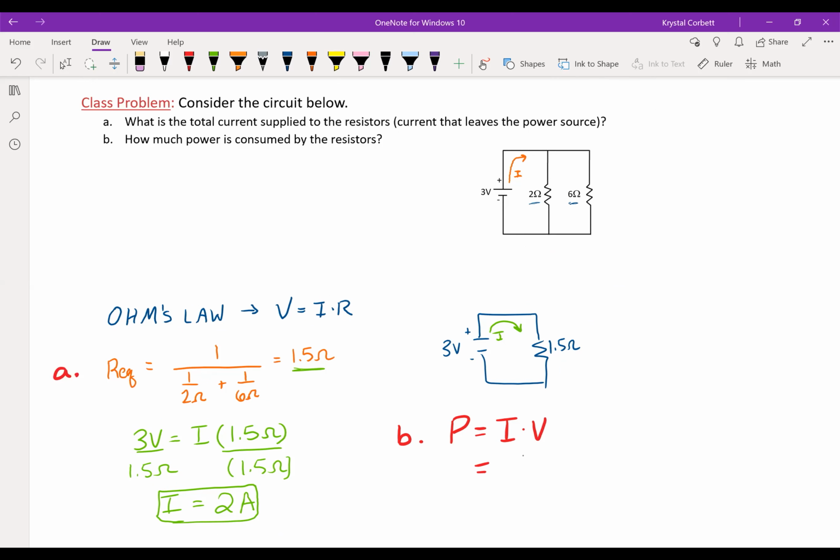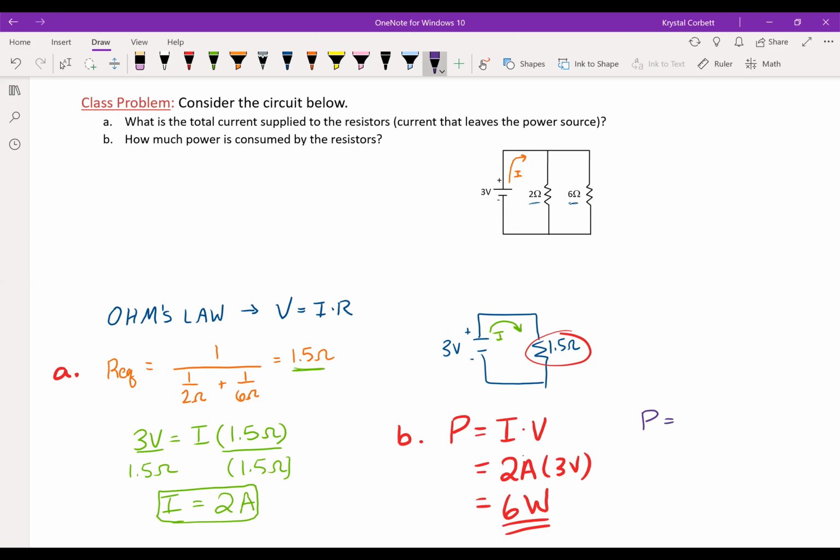I can say 2 amps, because that's the current that leaves the power source and goes through the resistors when they're in equivalent resistance together. And I know that it's 3 volts. So I can say my power is 2 times 3, which is 6. And what are my units of power? Watts, 6 watts.